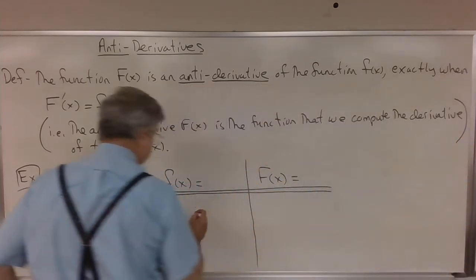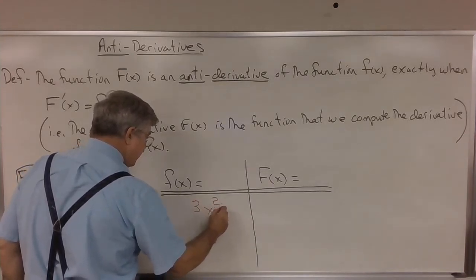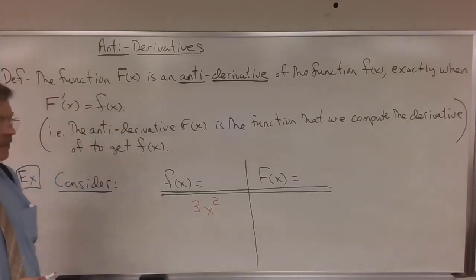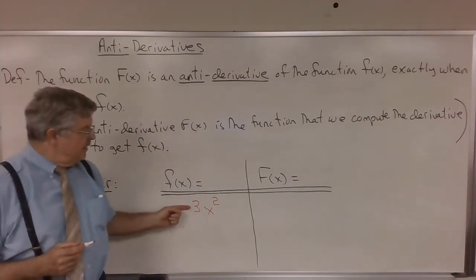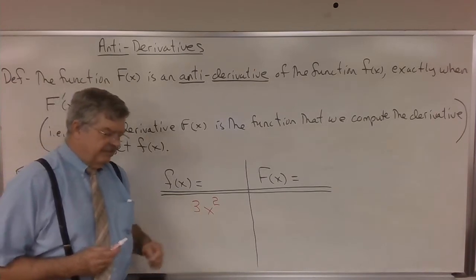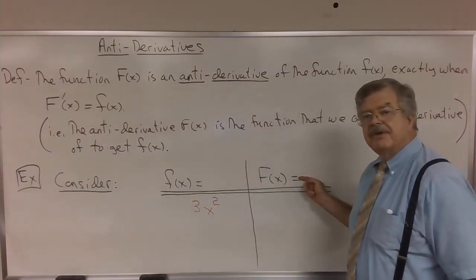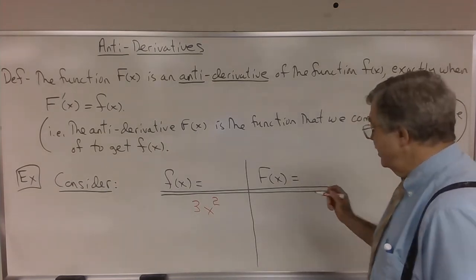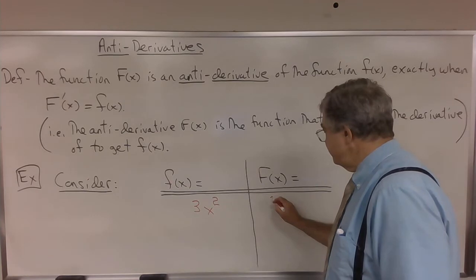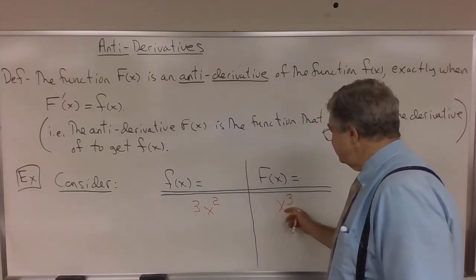Let's take little f of x equal 3x squared. This is little f of x. So what should the antiderivative of little f of x be? Would we say maybe x cubed?